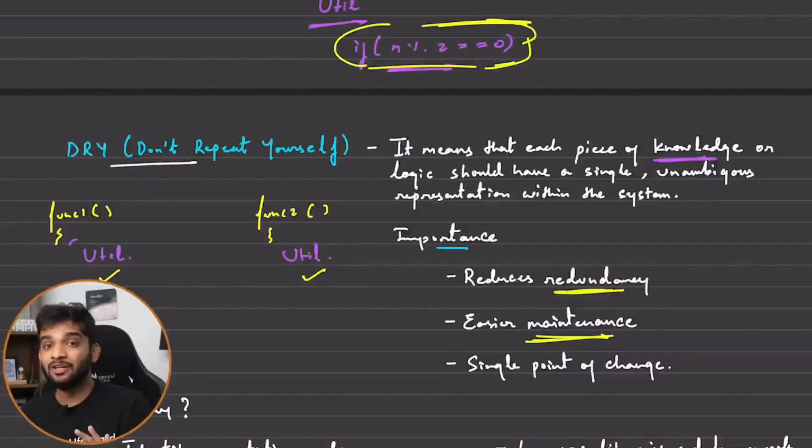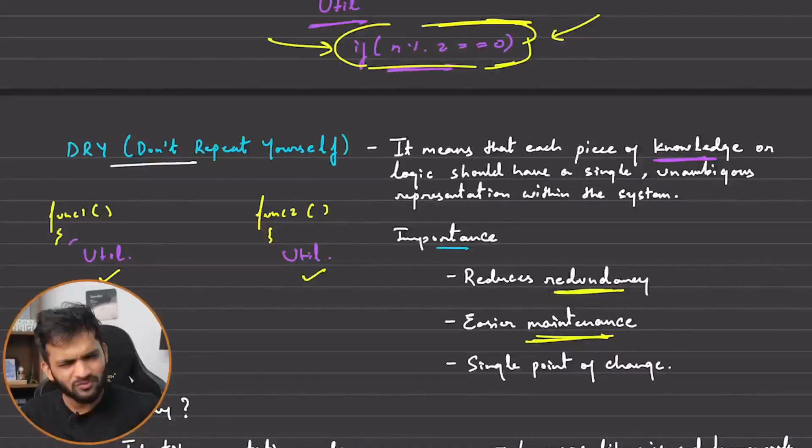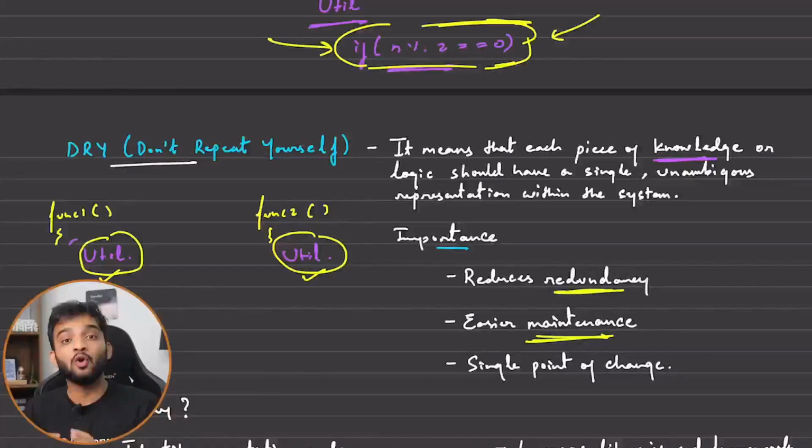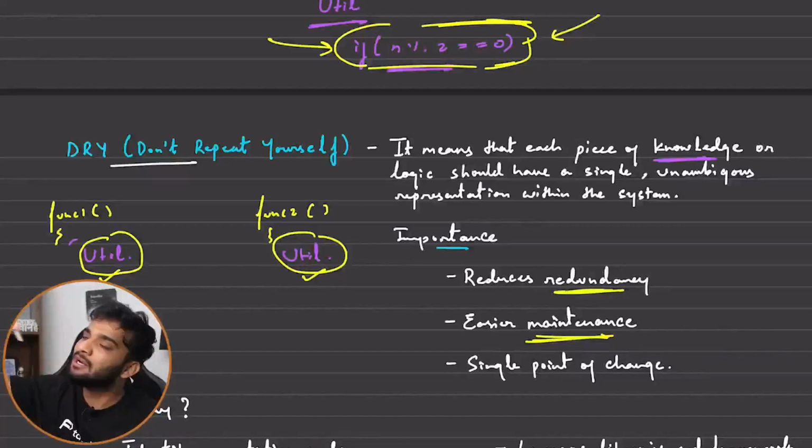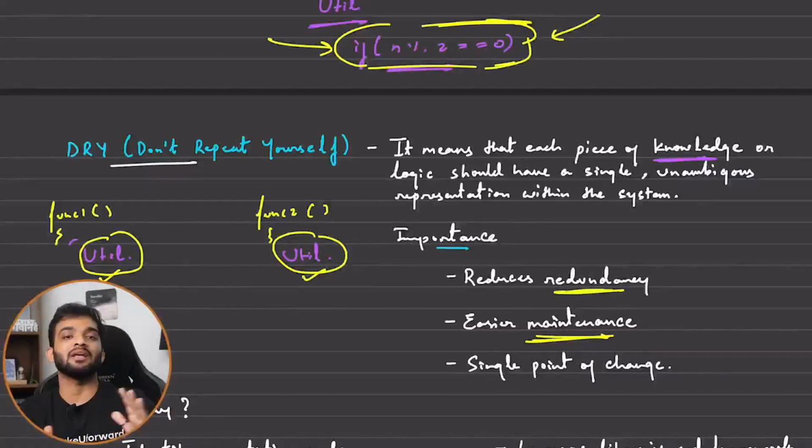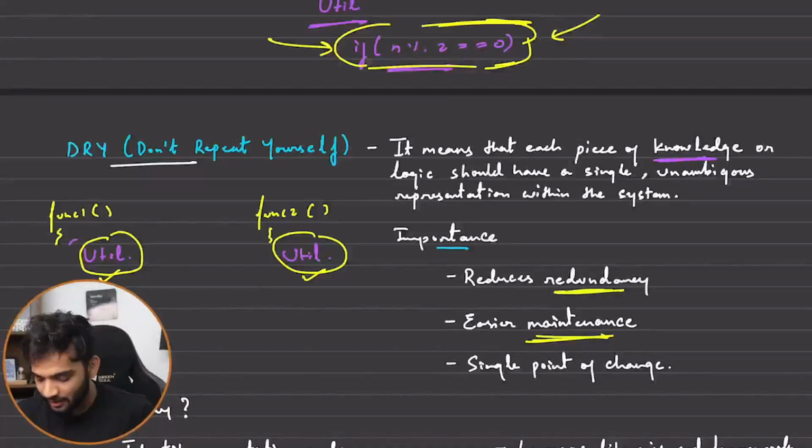But if I follow the DRY principle, I can just do the change at a single place. And because I'm using that logic across my code base, I do not have to take care of the other places. If I do the change at the central place, everything else will be taken care of. That is why it's easier to maintain.